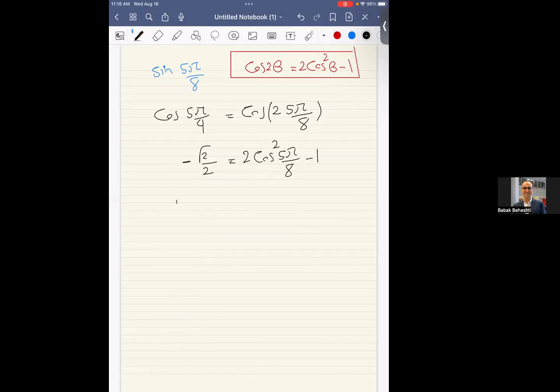Therefore, 2 times cos square of 5 pi over 8 is 1 minus root 2 over 2. Cosine of 2 theta is 2 times cosine square theta minus 1. Is this clear?